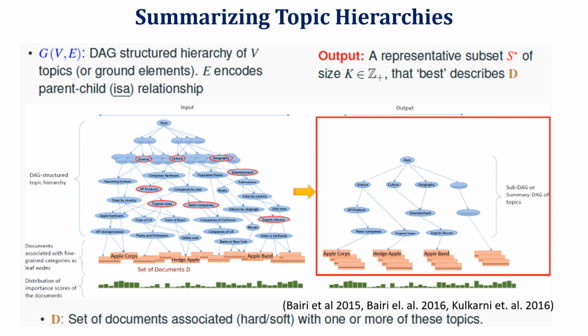So let's say you have a hierarchy of topics from Wikipedia and you are interested in a subset of topics that cover the documents which are shown as leaves. Each of the intermediate nodes in this DAG covers a handful of documents.